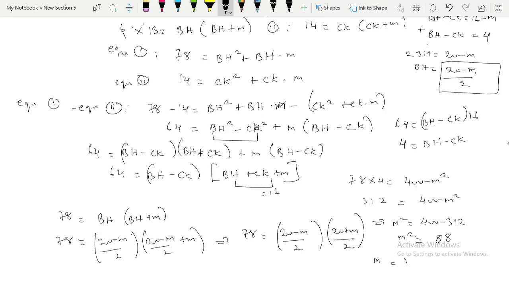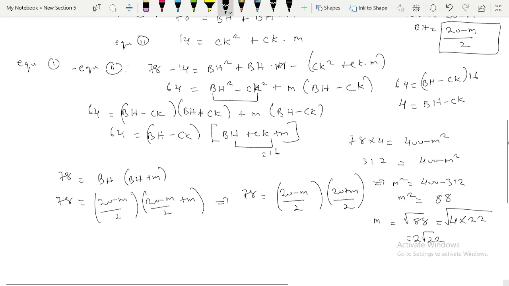So m will now be square root of 88. Wow. This is like 4 times 22, which is 2 root 22. So our m was to find HK before. So we have that HK is equal to m, which is equal to 2 root 22.